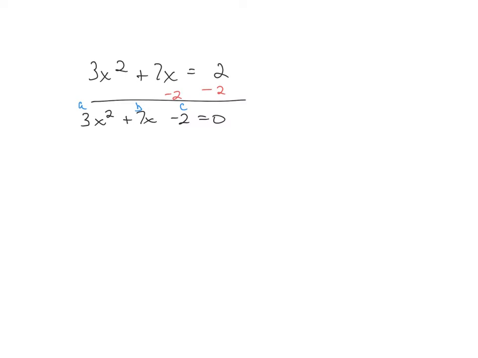Okay, so negative the b number, negative 7 plus or minus 7 squared minus 4 times the c, excuse me, I went in the wrong order. Minus 4a is 3, and c is negative 2, all over 2, and then the a is 3.